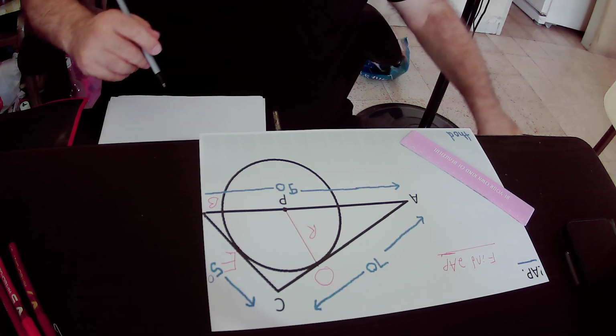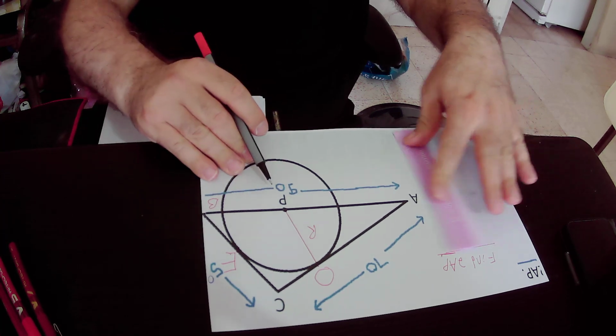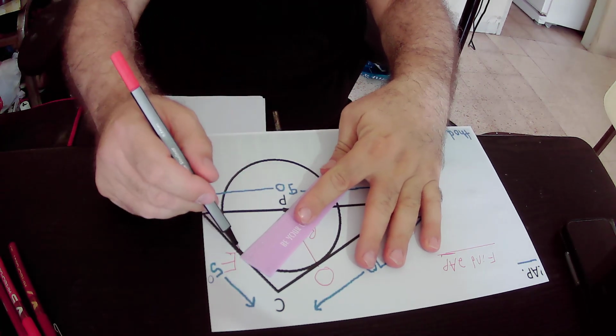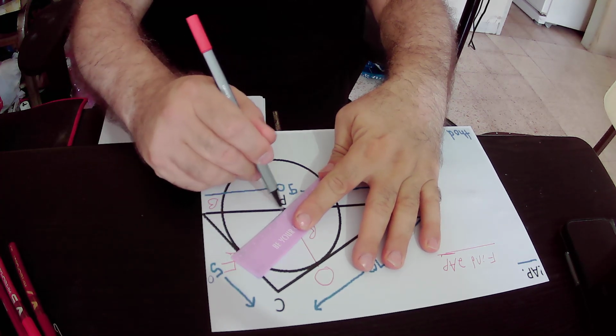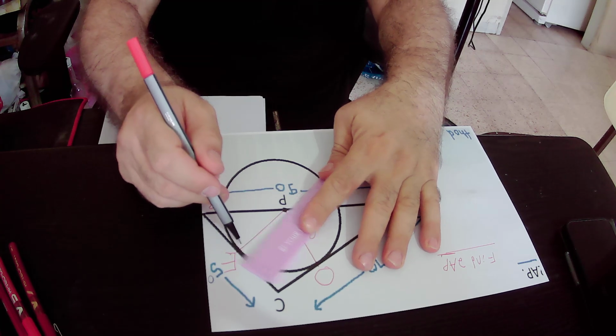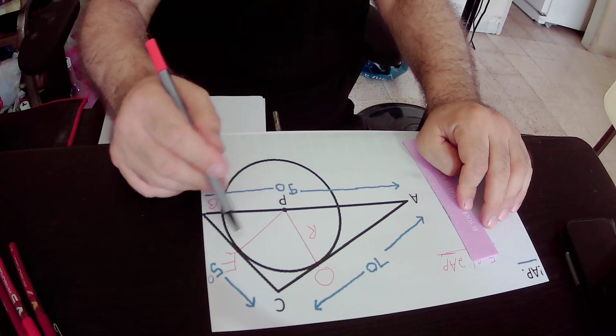Okay, and in the same way we will connect points P and E together by a straight line. And for the same reason, PE is also the radius of the circle.